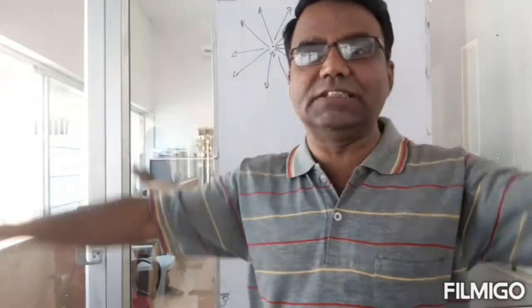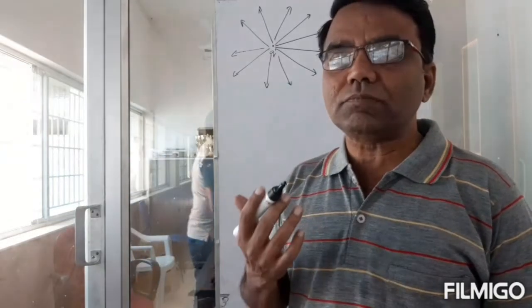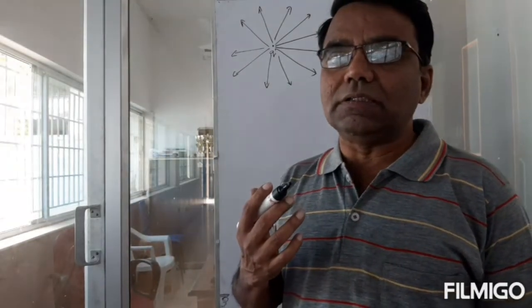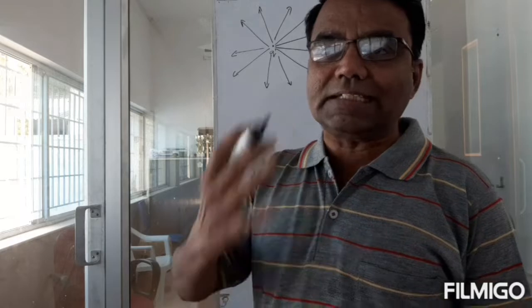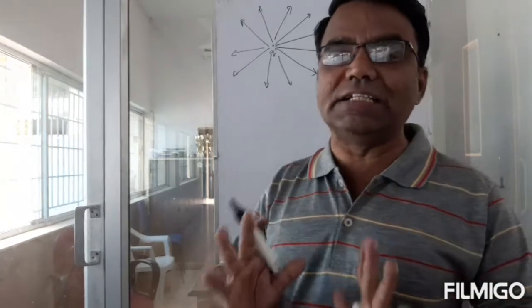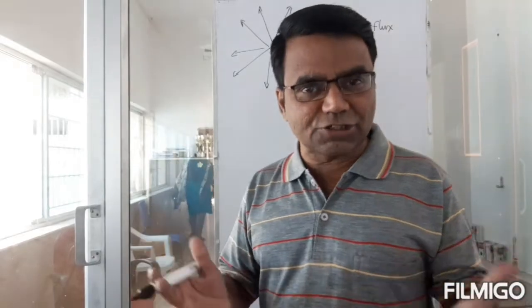So one way of looking at flux is like light flux. It's a collection of rays, right? So one way to look at it is this: if I were to say the electric flux is nothing but the number of lines that you would draw, then that should make sense, right?